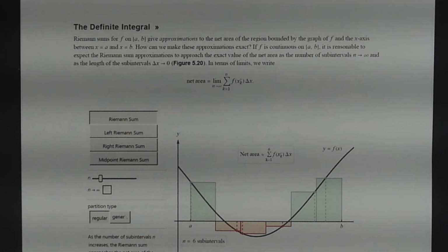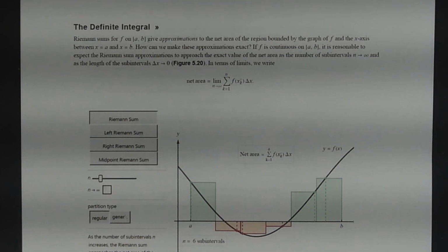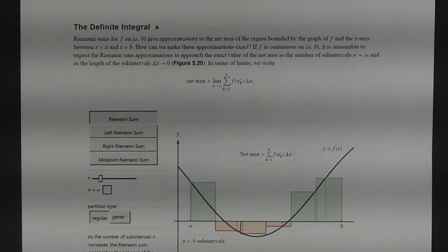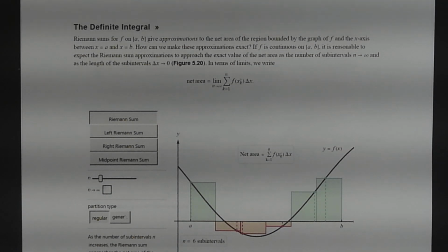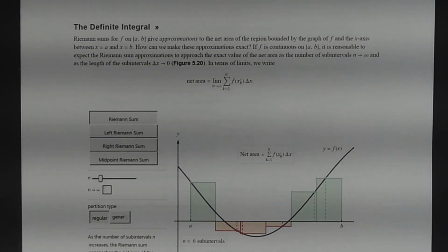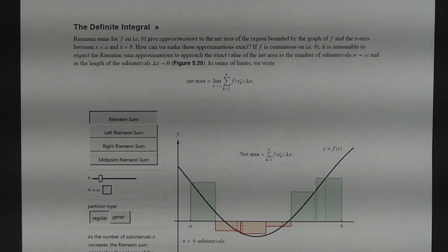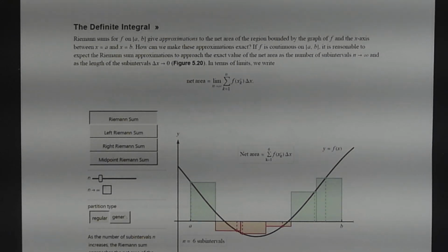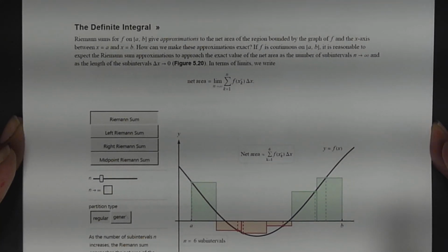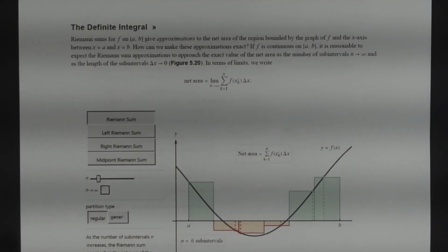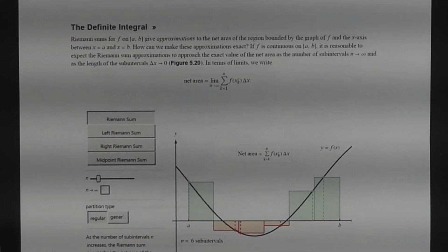Now, what Riemann sums for the function f on the closed interval [a, b] do is give us approximations to the net area of the region bounded by the graph of f and the x-axis between x equals a and x equals b. But the question is, how can we make these approximations exact?